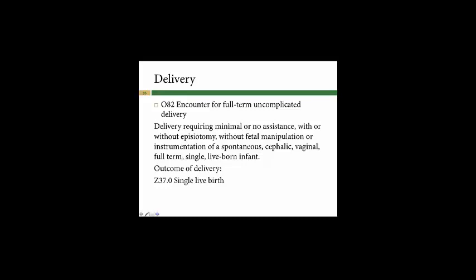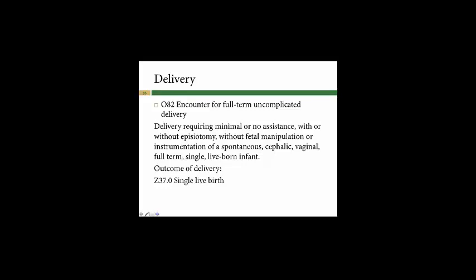But it is the delivery requiring minimal or no assistance, with or without episiotomy, so you can still use this code if there isn't episiotomy, without fetal manipulation, that is, without rotation version, without instrumentation, no forceps, of a spontaneous, cephalic, vaginal, full-term, single, life-born infant.